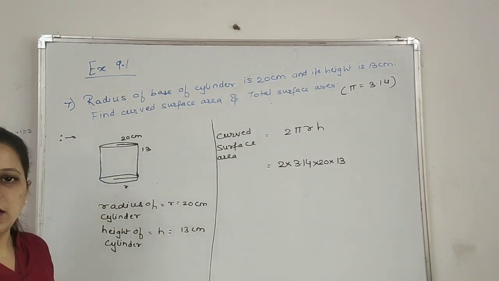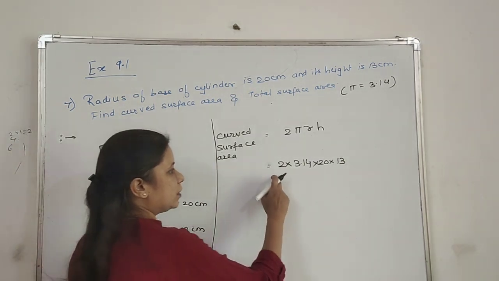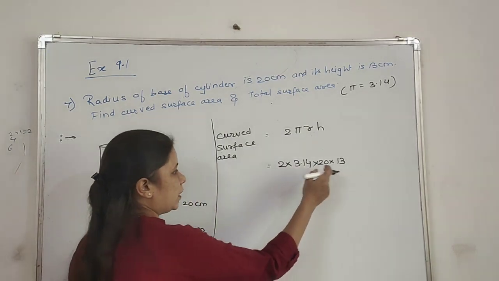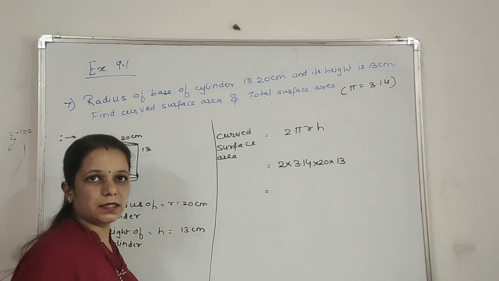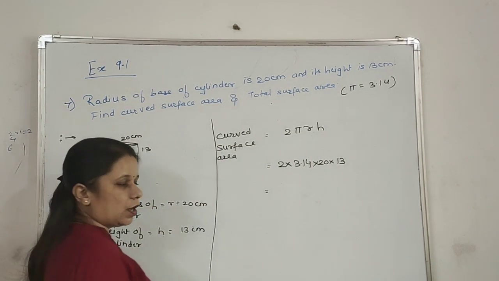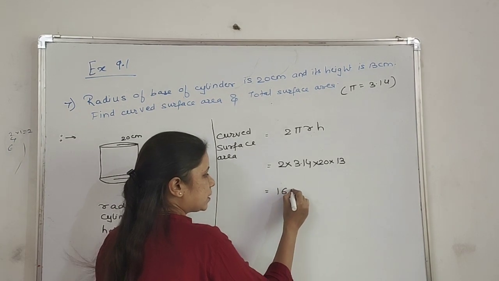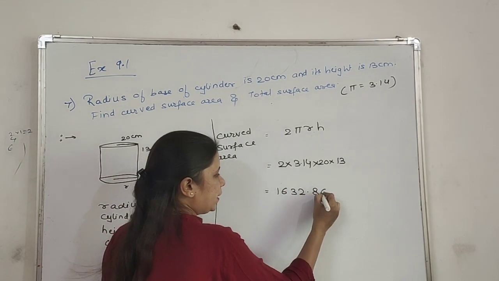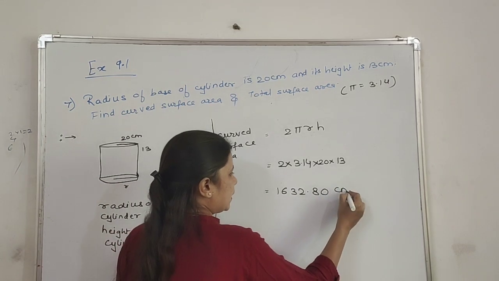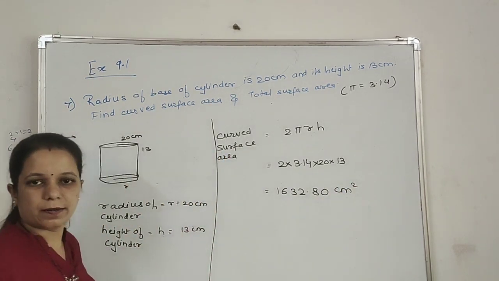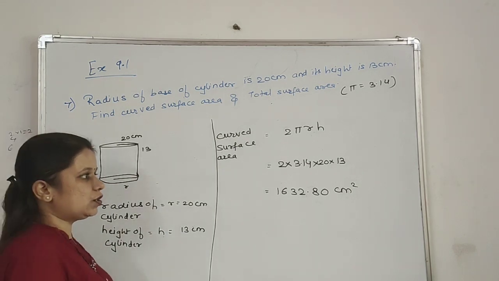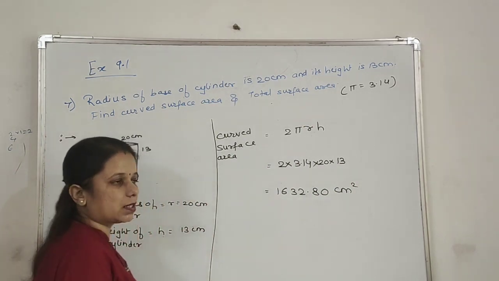So here when you put all the values, now you have to make some easy multiplications, and the curved surface area after you do all this multiplication will come to 1632.80. Now since it is an area, you will say centimeter square. Okay, very easy, very simple calculation. You will just have to multiply all the numbers.